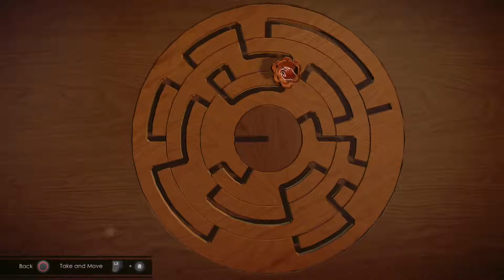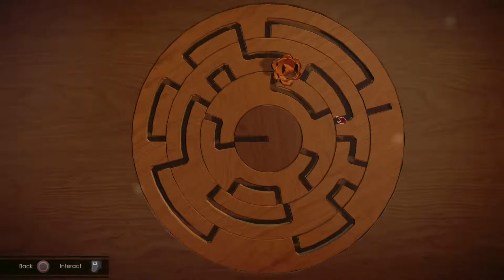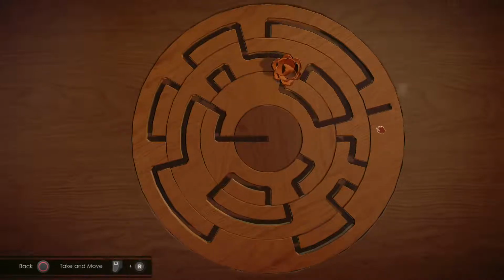Holy moly. I swear this game is borderline broken.